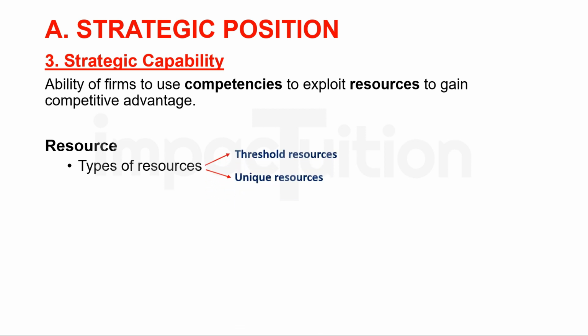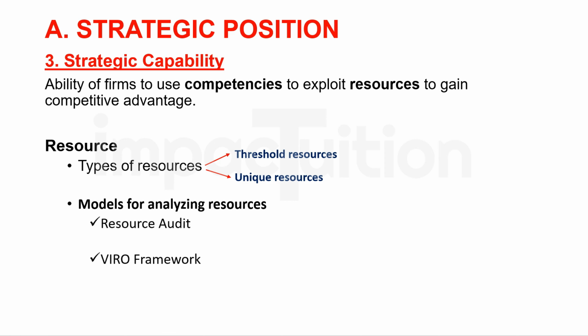We have two of them, threshold resources and unique resources. Then we will come and look at the models for analyzing resources. We will do the resource audit and the VRIO framework, which is an acronym for value, rarity, inimitability, and organization. These are the models for analyzing resources.